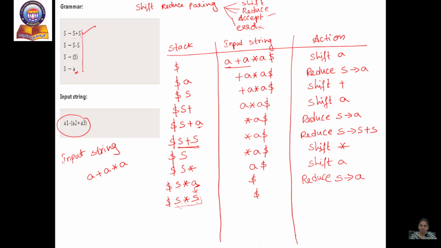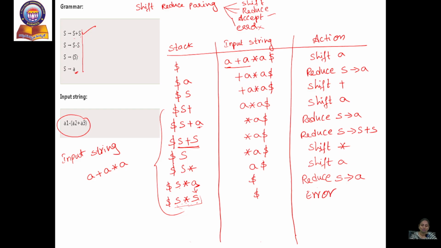So in such cases, if the stack consists of something other than the starting symbol, and this cannot be reduced further, why? Because the string which we have here, S into S, cannot be reduced, because it is not available in the given grammar. In such conditions, we can write the action here as error.